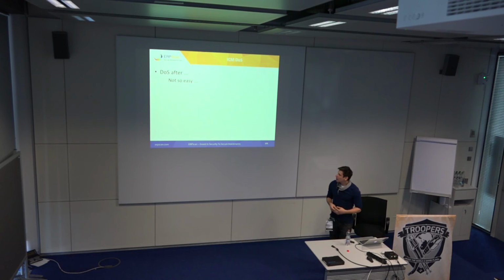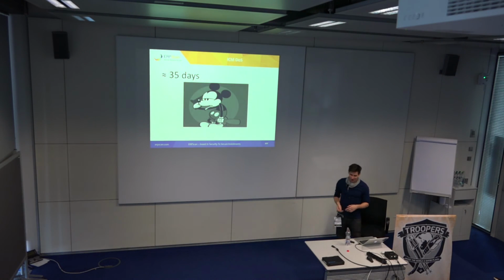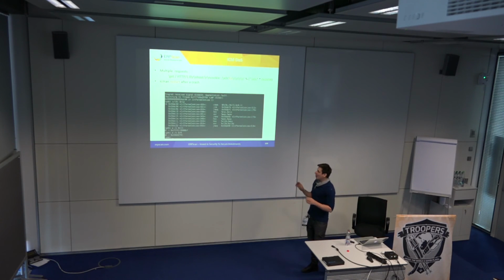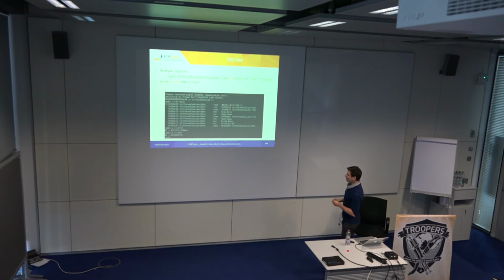And it looks like it will not be as easy as in the Gstart case, and after 35 days of research plus some weekends, we found one issue which allows us to trigger a denial of service attack. On the screen you can see part of the request which can crash the ICM service, and also the crash log.